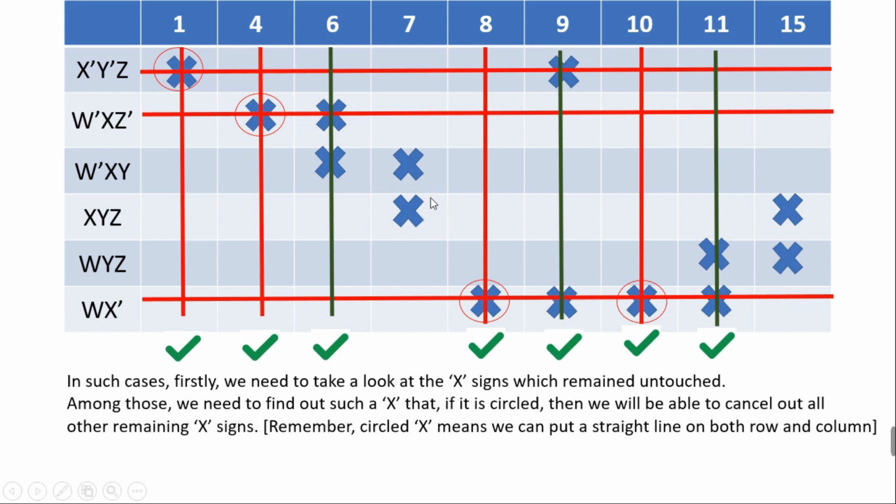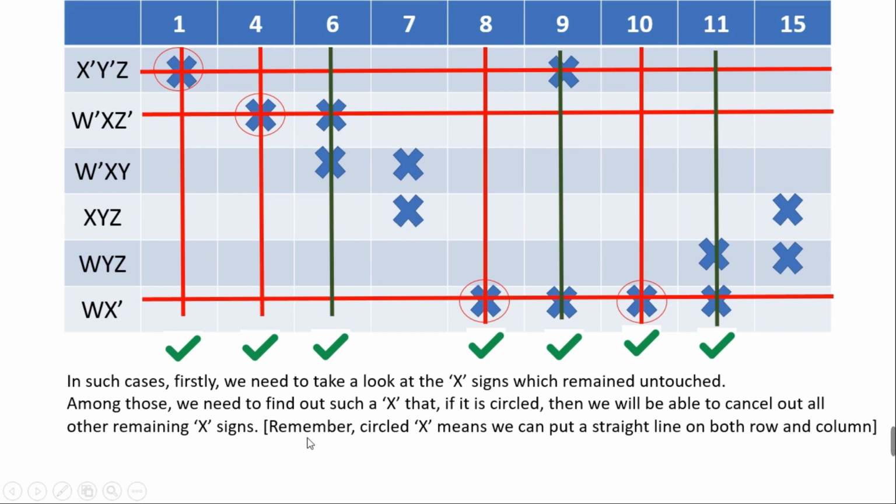So among those untouched x's, we need to find such an x that if we can somehow circle it, then we'll be able to cancel out all other remaining x's.